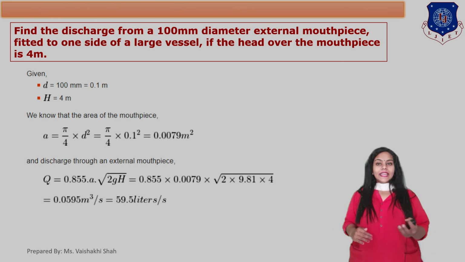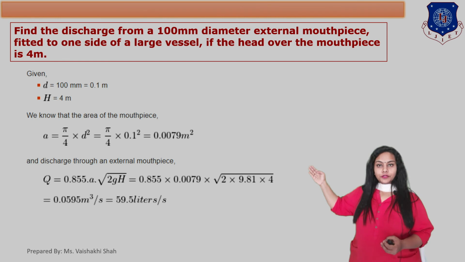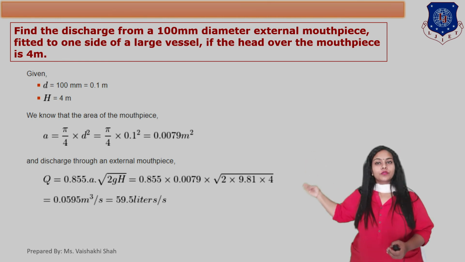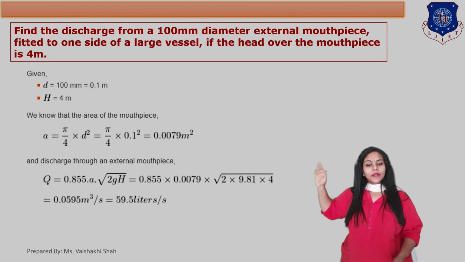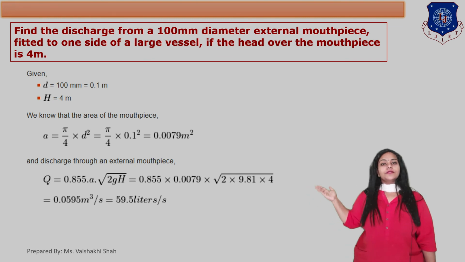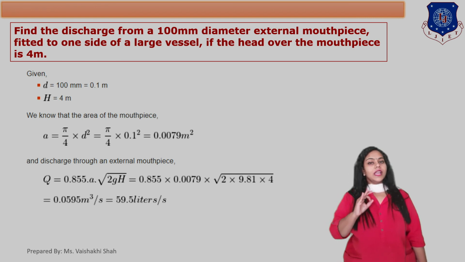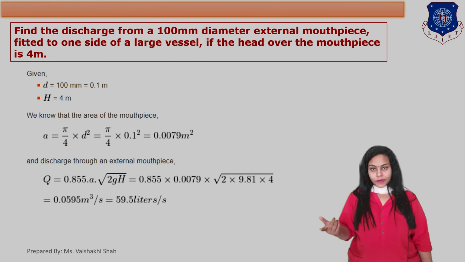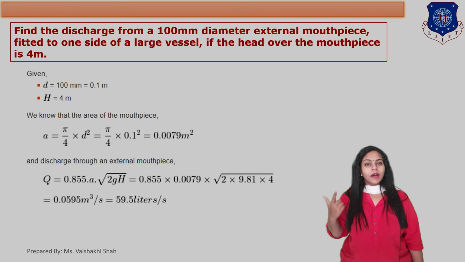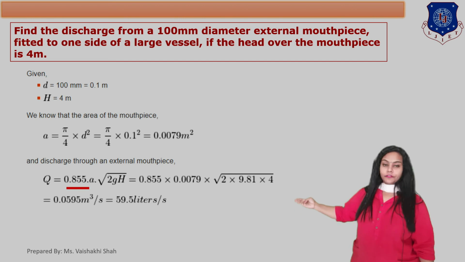As we know, area small a is pi by 4 d square, and we know the value of the diameter. So placing, small a equals pi by 4 into 0.1 square. So your answer for A is 0.0079 meter square. Now discharge through the external mouthpiece Q equals CD into A into under root 2gh. Now remember this, for an external cylindrical mouthpiece, the value of CD is 0.855.